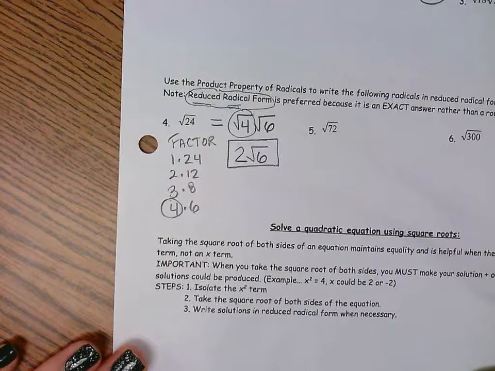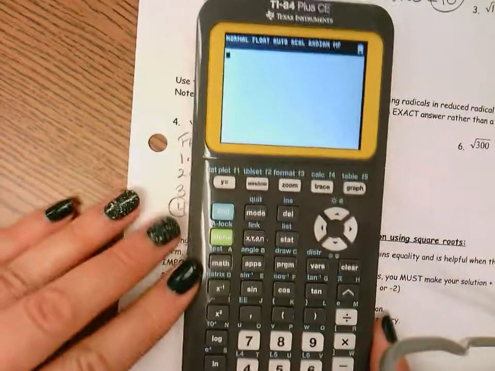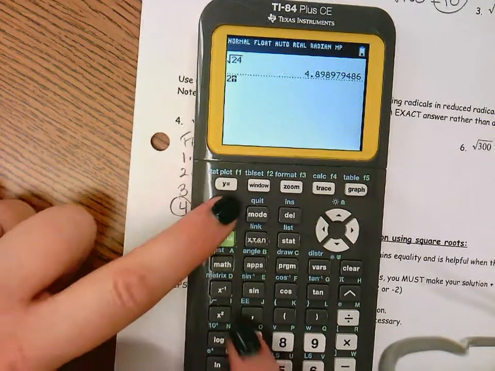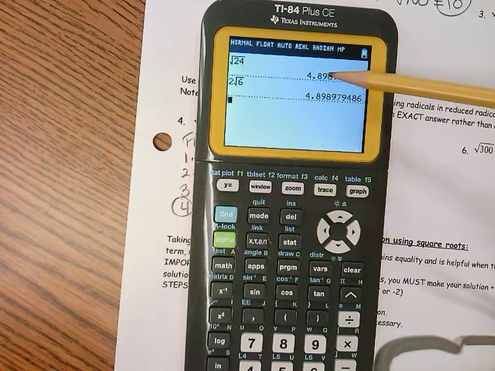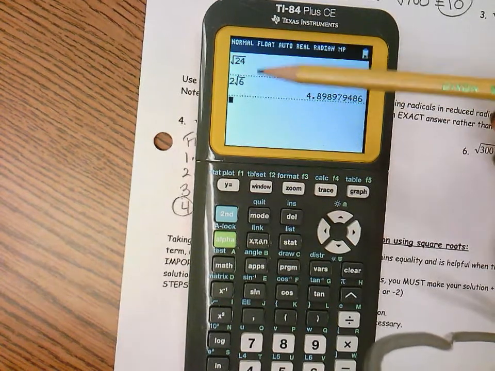And I'm just going to show you that these are all equivalent to the same number. So on my calculator, the square root of 24 and 2 square roots of 6 are both 4.8989.